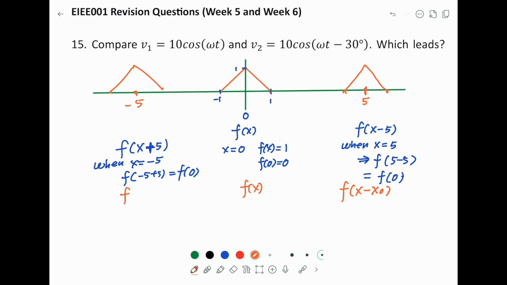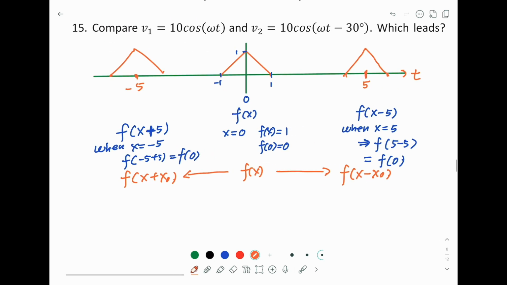So again, f(x plus x naught). This is general. Negative means to the right. Positive means to the left. If this axis represents time, the so-called time domain, we have a similar interpretation.